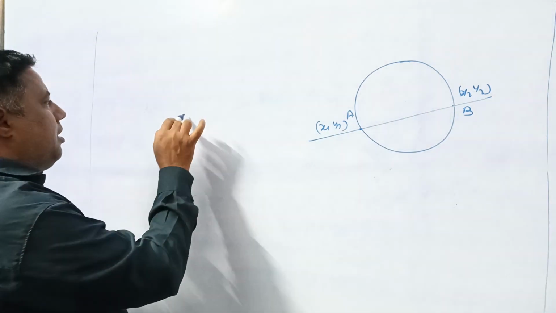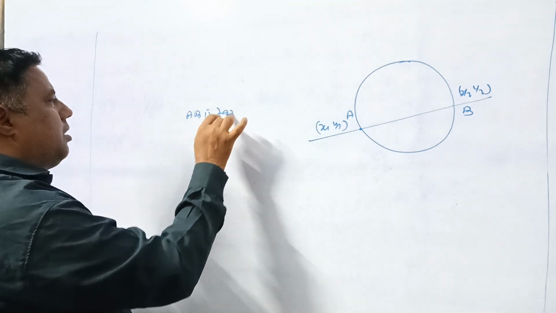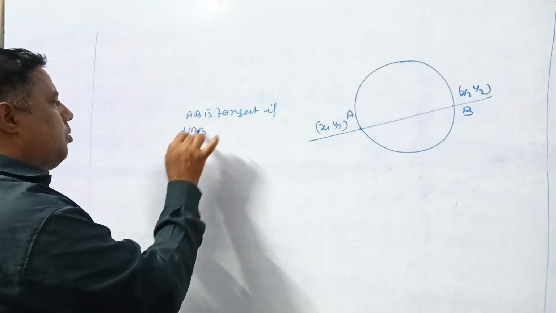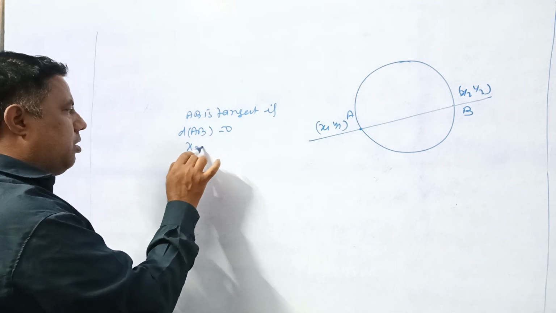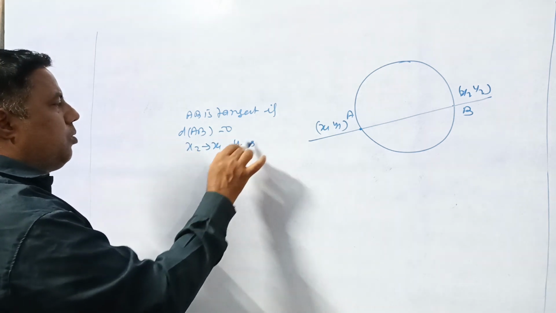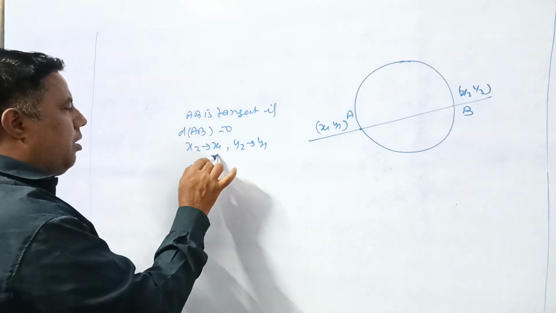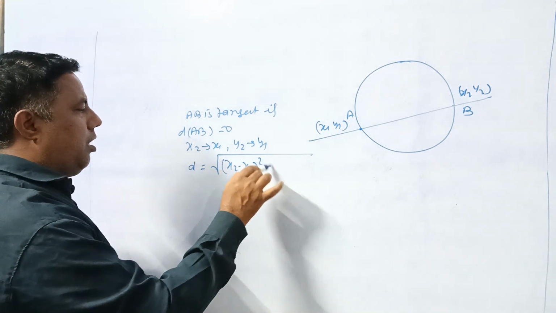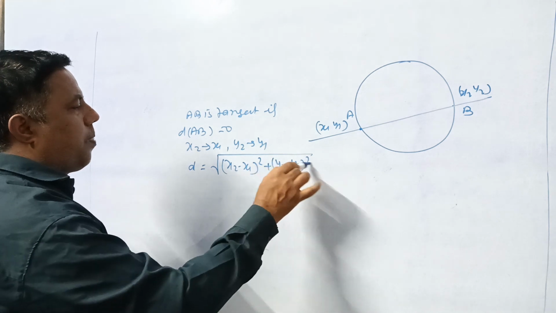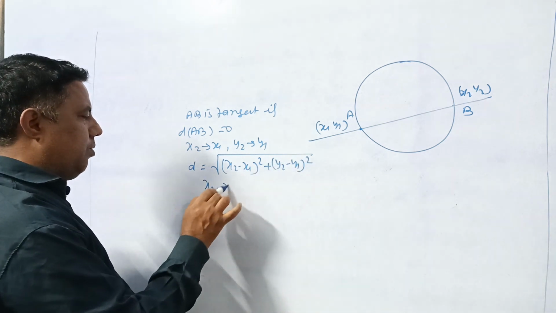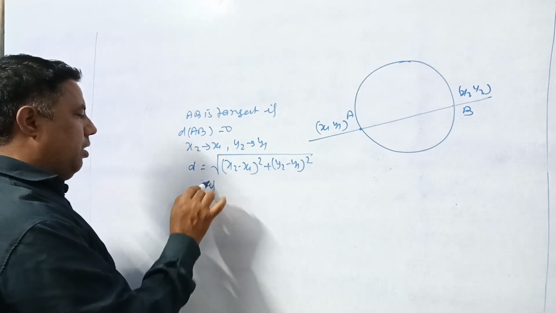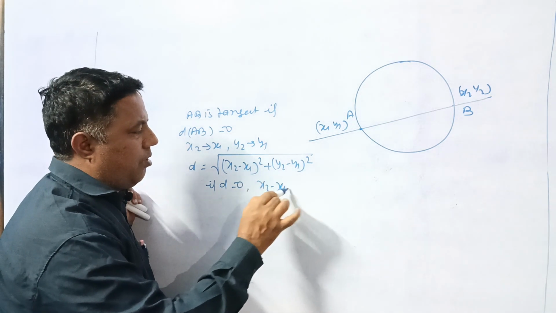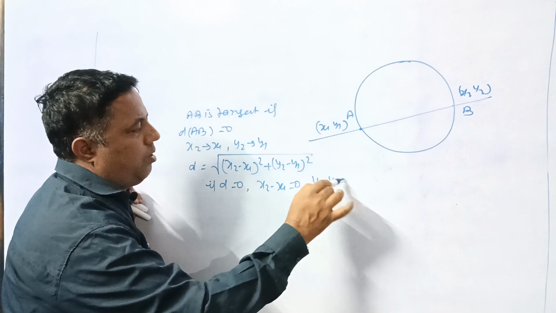Then AB is the tangent if the distance of AB equals 0, that is x2 turns to x1 and y2 turns to y1, because D equals the distance formula, square root of x2 minus x1 whole square plus y2 minus y1 whole square. Then D is 0.